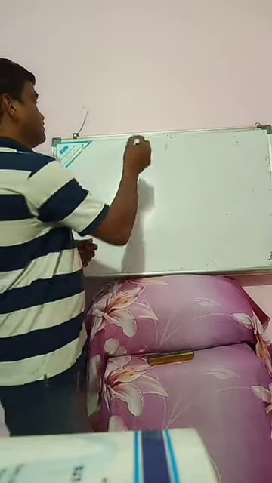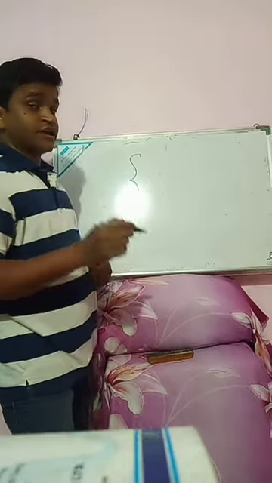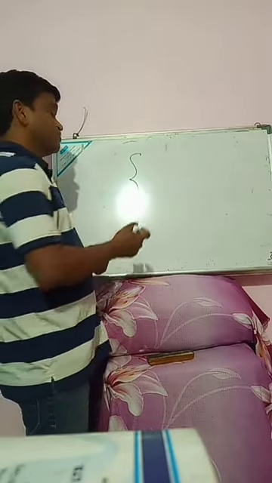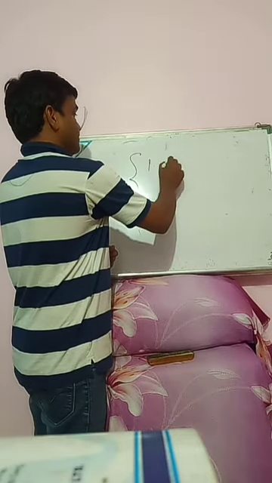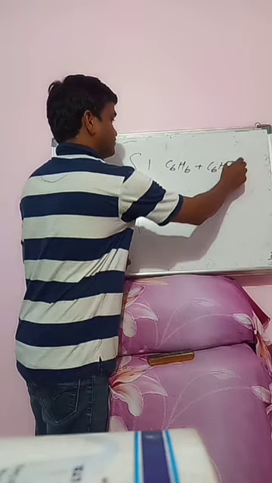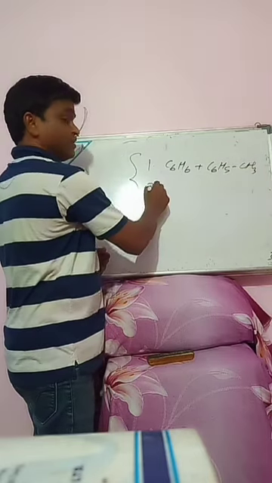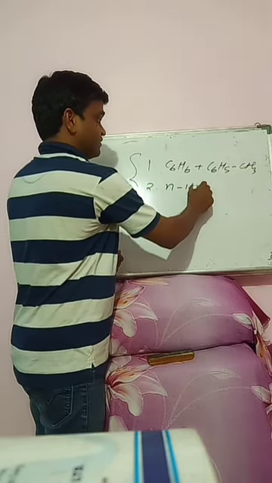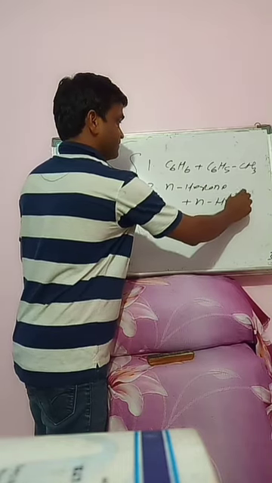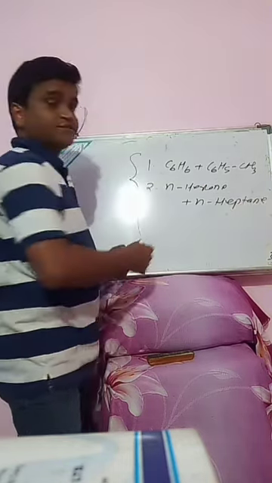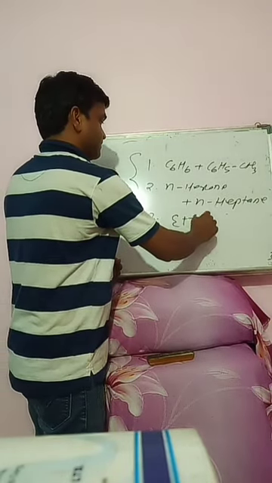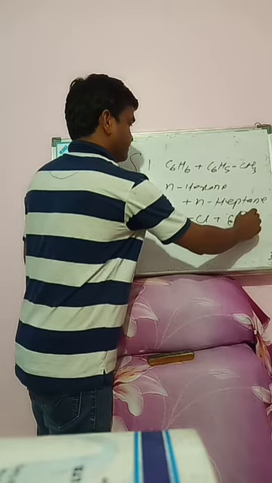Okay, so those solutions which tend towards ideal at a particular condition, that is at a very dilute condition, those examples are benzene, toluene, C6H5CH3, n-hexane, n-heptane, ethyl chloride, ethyl bromide.